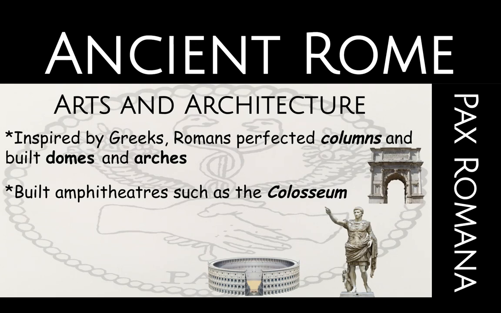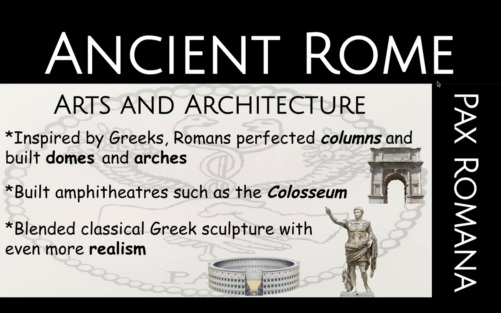They would raise the floor then, and they would hold chariot races in the Colosseum. They would have gladiators fighting each other to the death. All kinds of crazy stuff going on in that Colosseum. And as I mentioned a minute ago, the Romans blended classical Greek sculpture with more realism to create magnificent sculptures.